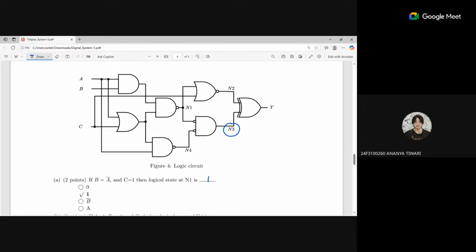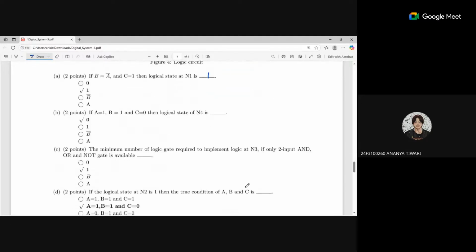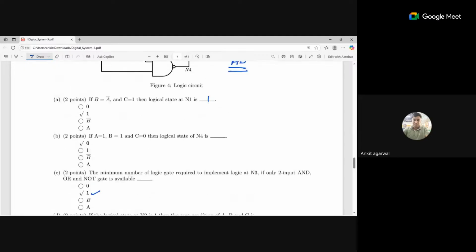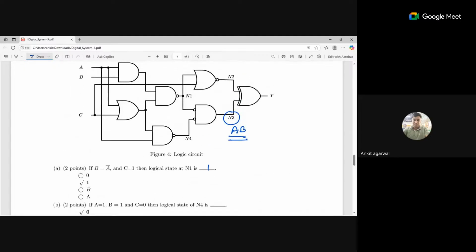A dot B. So only one gate is required. Can you please check, everyone?